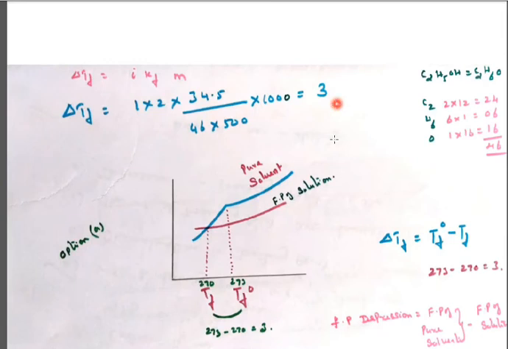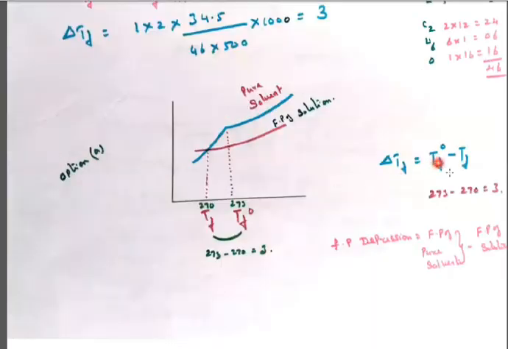And ΔTf is equal to Tf naught minus Tf. That is, the freezing point depression is the freezing point of the pure solvent minus the freezing point of the solution.